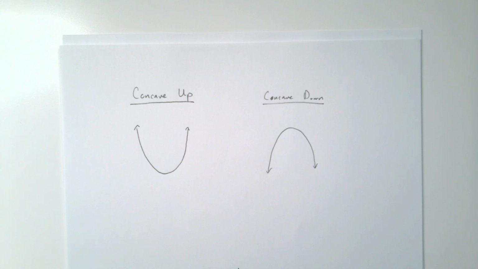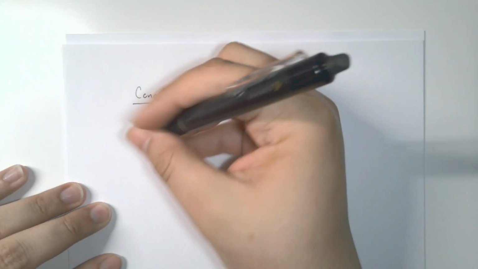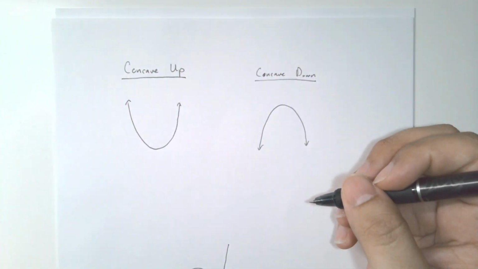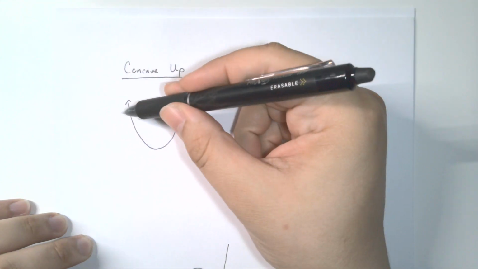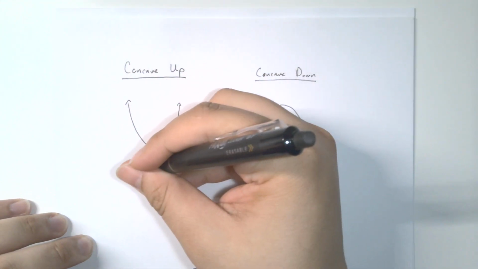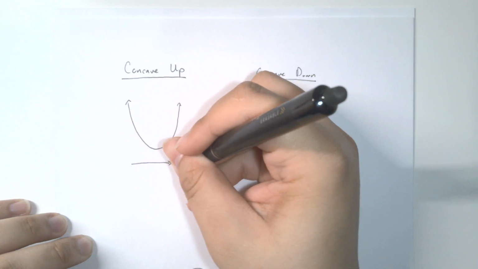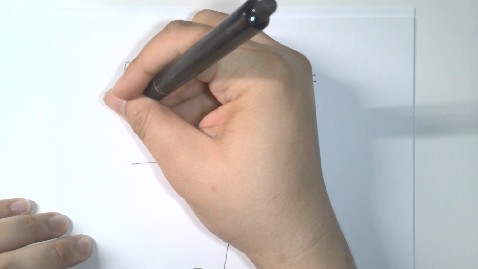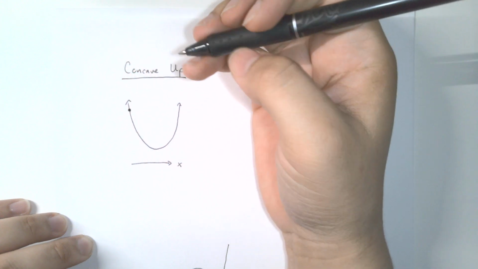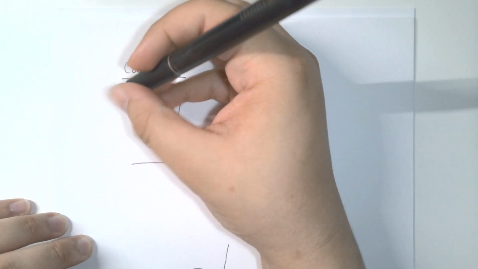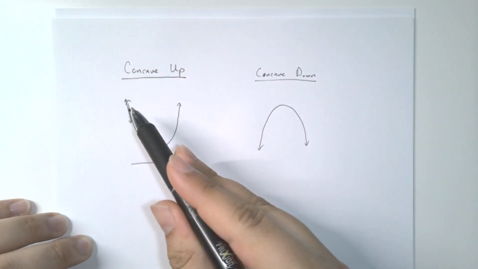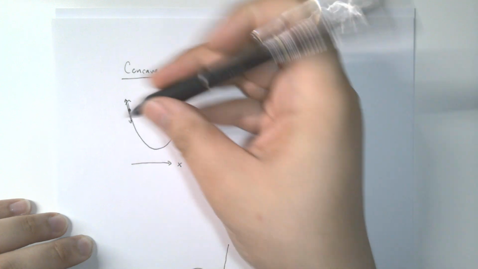What's happening here? Well, let's first look at the slopes of this graph as we move in the positive x direction for concave up. If I look at the slope of this graph right here, the slope is angled downwards like this.